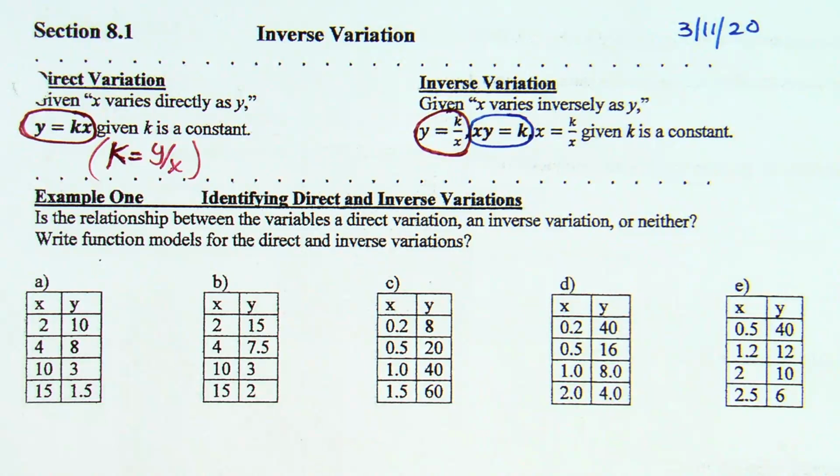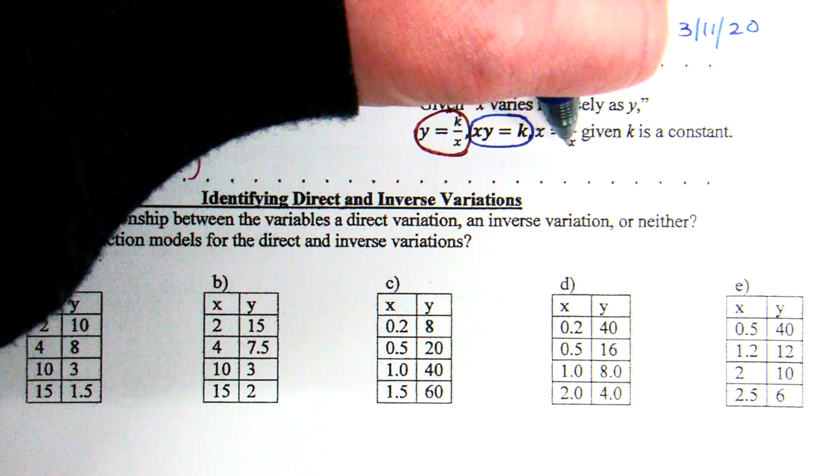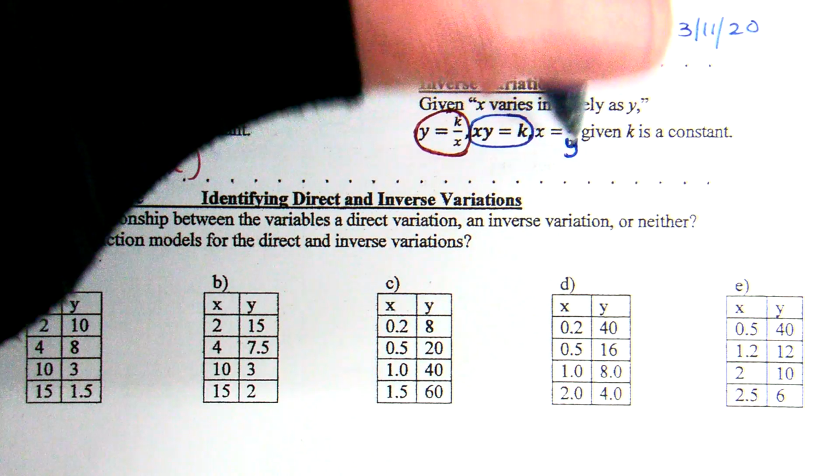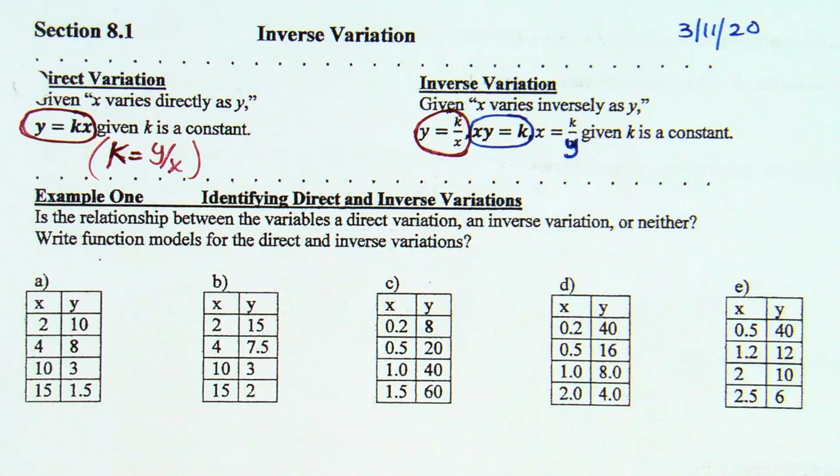The other version could be written as x equals k over y. I don't usually use that one too much. I use the equations that are y equals or k equals. You don't usually see the x equals. So work on committing those to memory, becoming very familiar with them for direct and inverse.